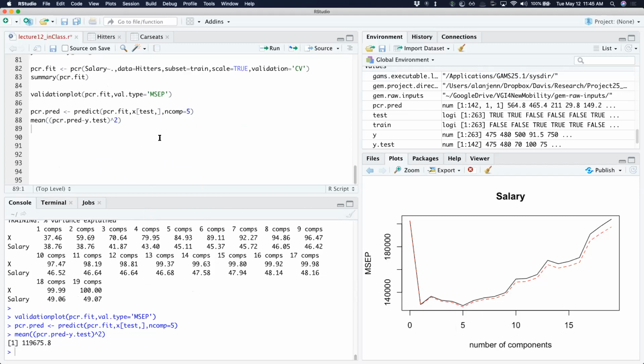And I think a good exercise for you guys is to compare how my prediction using principal components regression, PCR, does compared to something like a stepwise regression, or a lasso and ridge regression.